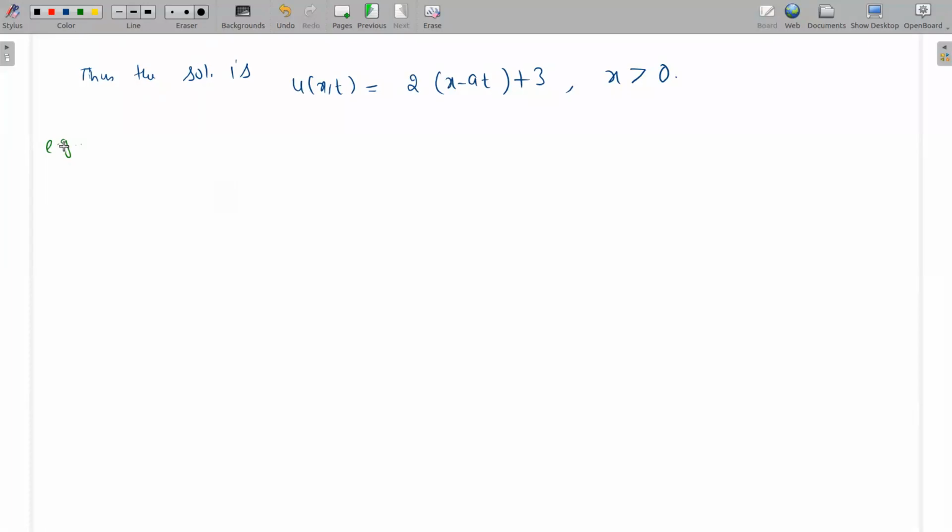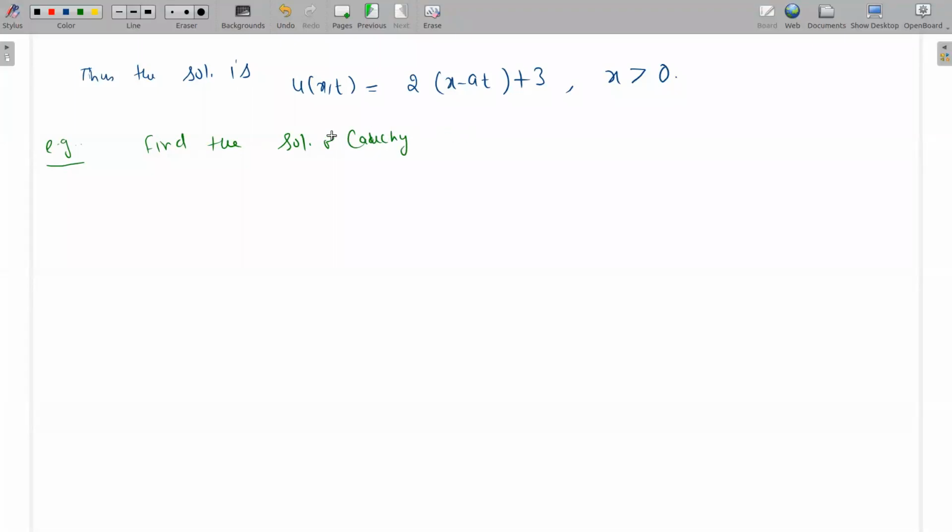So let us take one more example, and I expect that you will provide me the solution of this example. This is again a Cauchy problem. Cauchy problem means initial value problem.